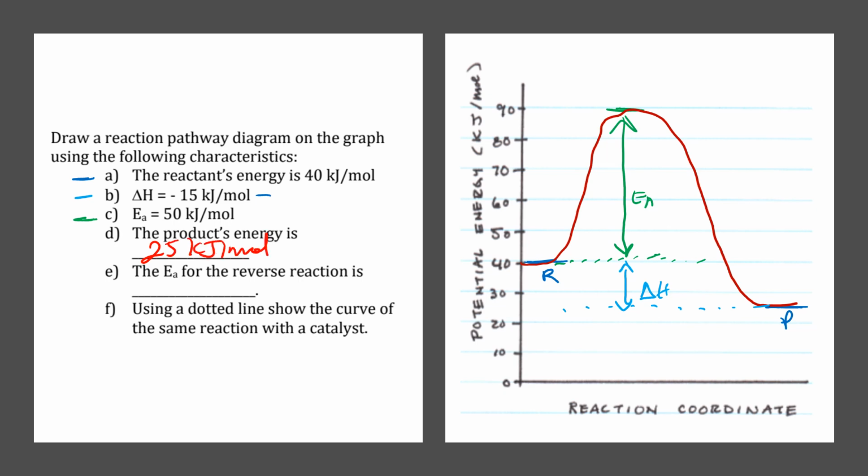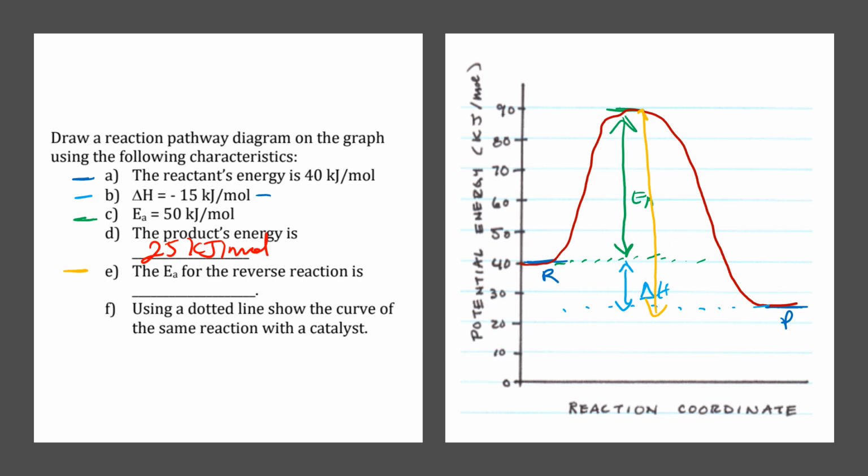The EA for the reverse reaction. Let's say they asked that hypothetically. That means you're going to go from where the products are, right about here, all the way back up to where the transition state was originally. That's the EA for the reverse reaction.